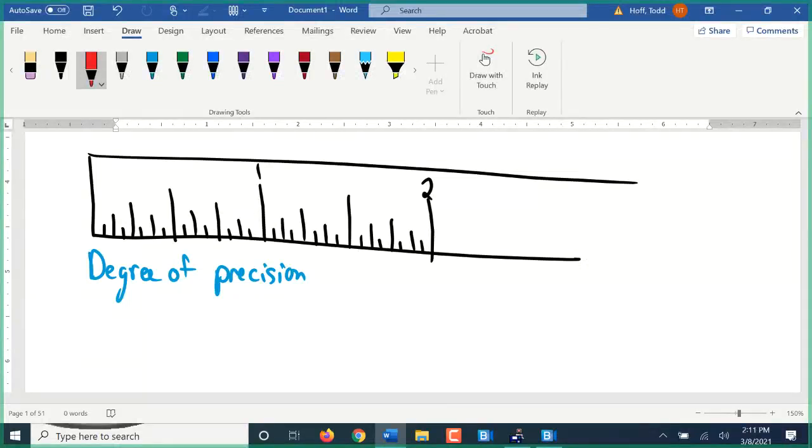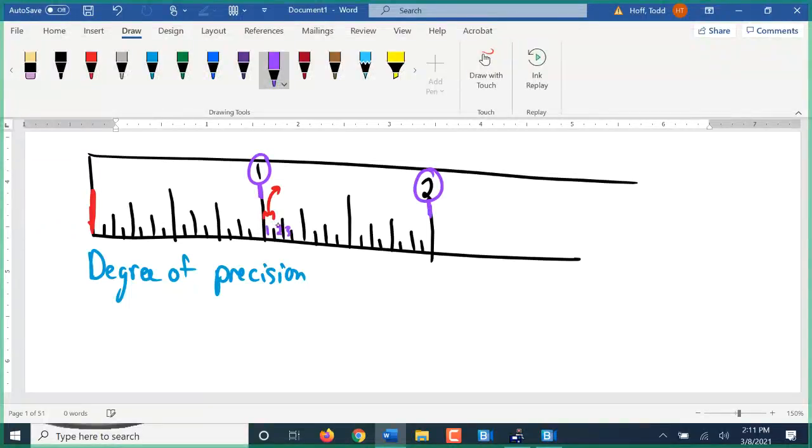Usually I don't go right at the beginning end because that end is often worn or whatever. I usually look at 1 inch and I go from there. To determine how big that smallest unit is, I have to figure out what the divisions are on this ruler. I will go from one clearly marked spot, which is the 1 in this case, to the next clearly marked spot, which would be the 2, and I count how many divisions there are. Now, I'm not counting the lines, I'm counting the spaces.